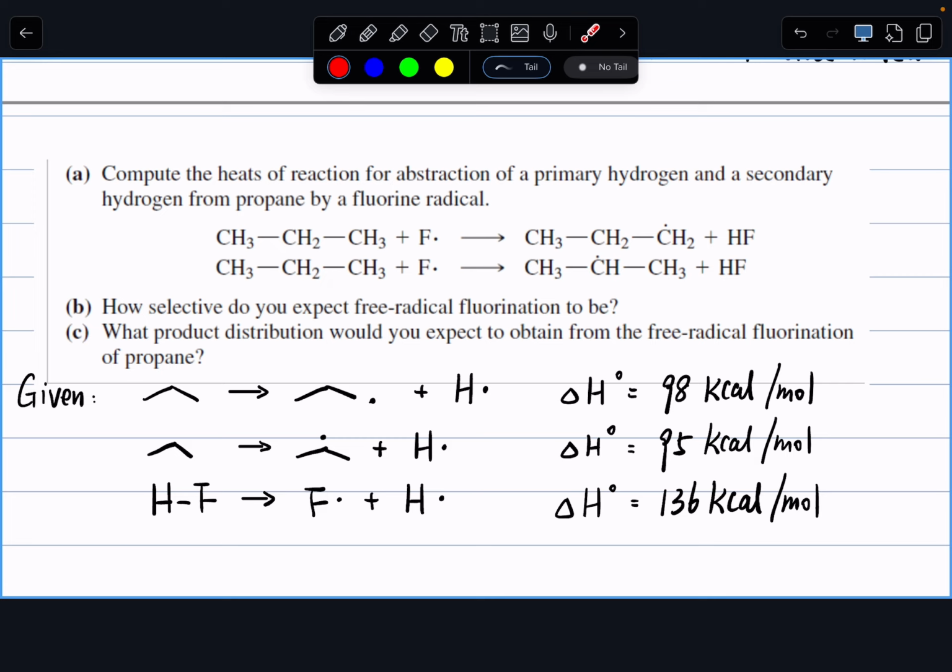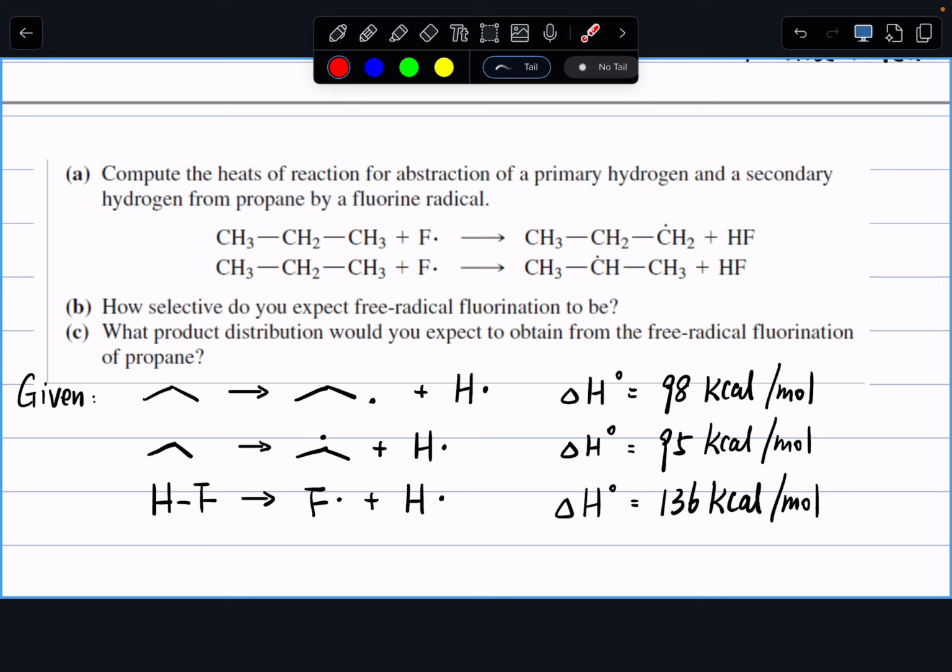Second question. Based on the calculated delta H of this reaction, how selective do you predict this reaction to be? So remember what we did, right? We have probability, which is the same for all the cases, and we have relative thermodynamic stability.